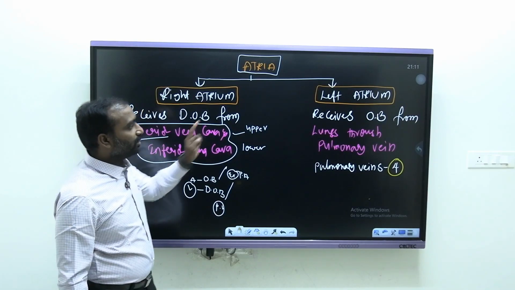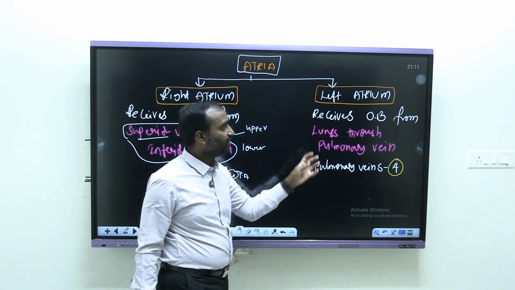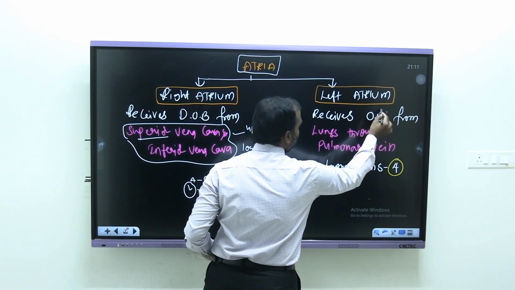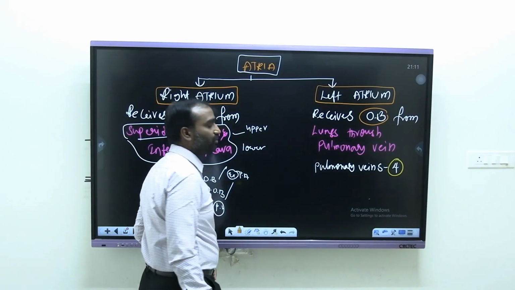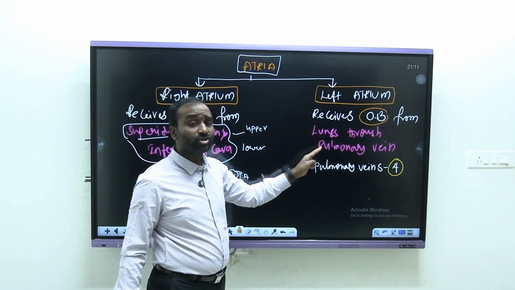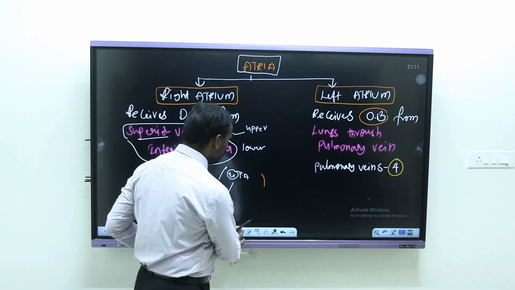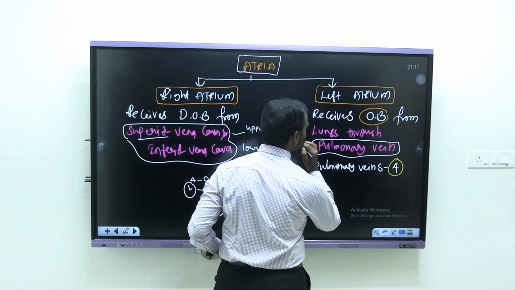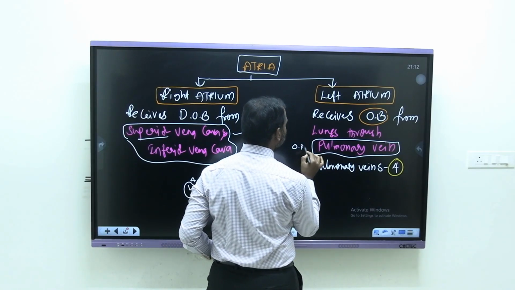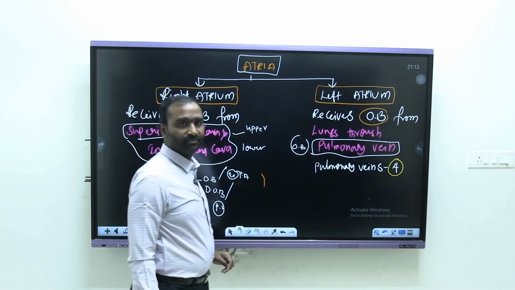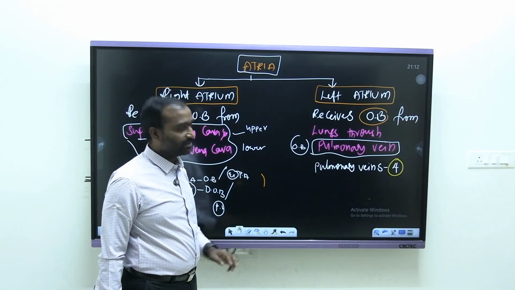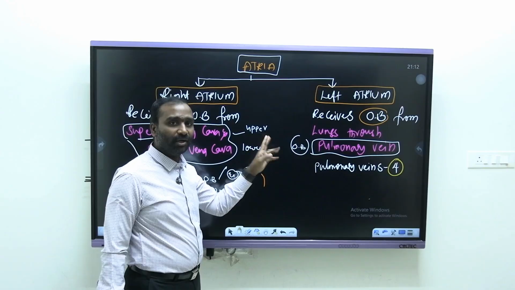So the left atrium receives oxygenated blood, and from where? From the lungs through the pulmonary vein. Here also the major aspect: the pulmonary artery carries deoxygenated blood, and the pulmonary vein carries oxygenated blood.